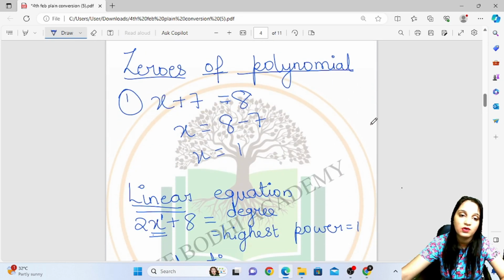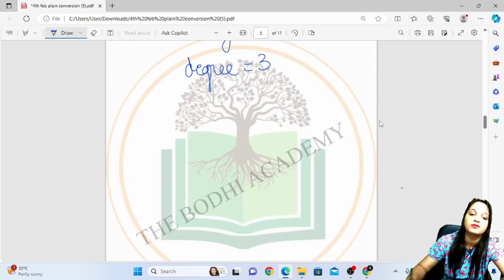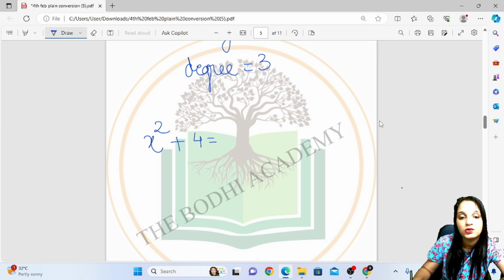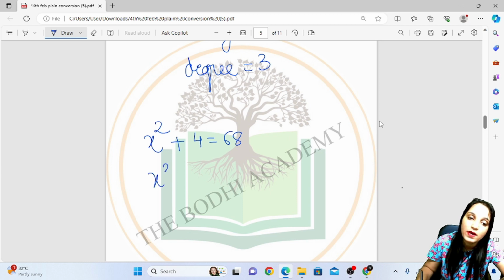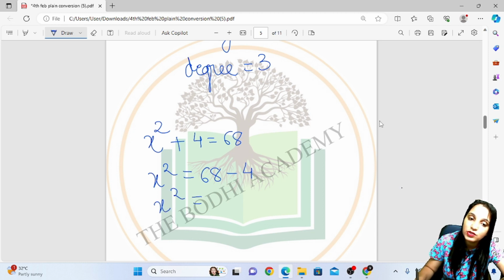Now, how to solve linear. And how to solve, suppose you have x square plus 4 equal to 68. Now x square will be equal to 68 minus 4. Then x square will be equal to 64.